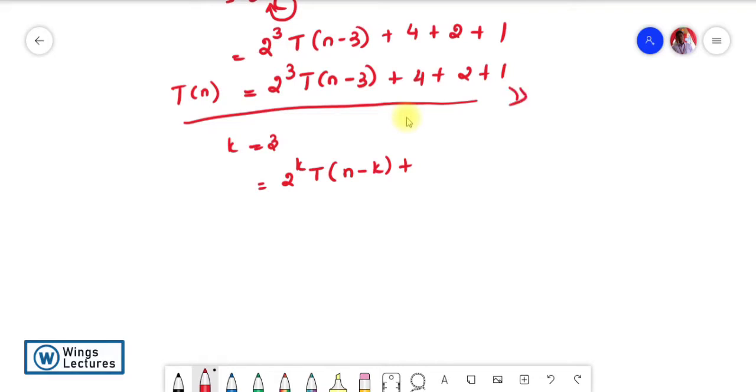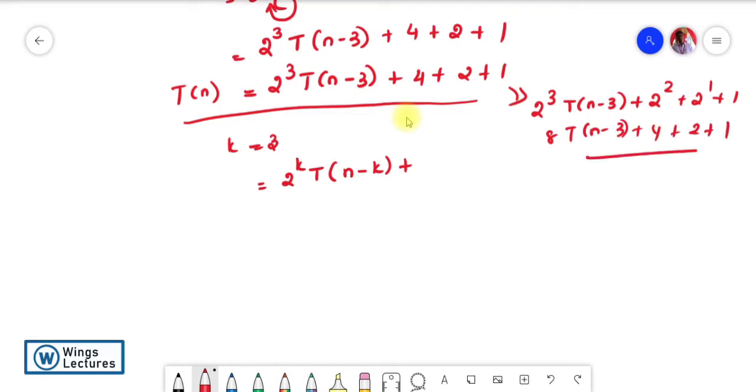Before that, how can I write this equation? 2 power 3 t of n minus 3 plus 2 power 2 plus 2 power 1 plus 1, right? This is how we can write it. Obviously it is going to be 8 t of n minus 3 plus 4 plus 2 plus 1, right? And that's it. Now I am going to consider 2 power 2 here we have it, right?